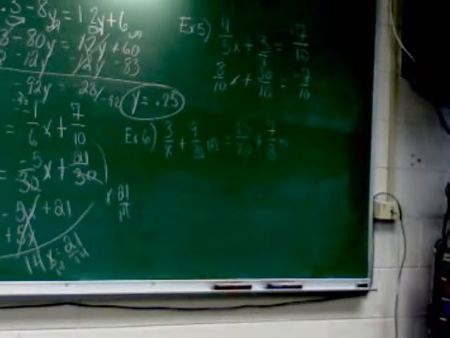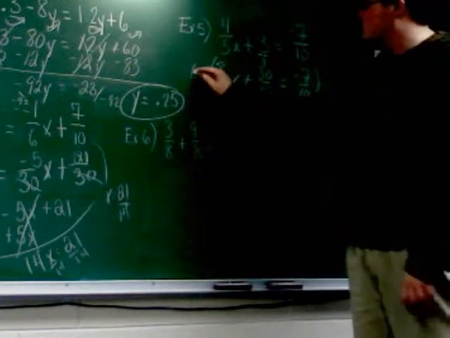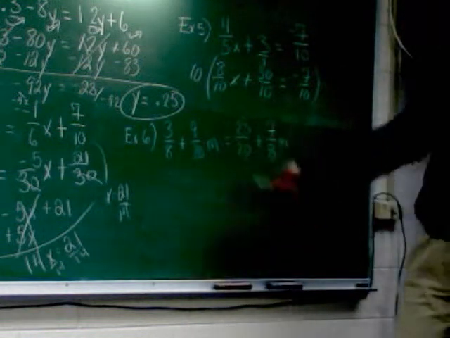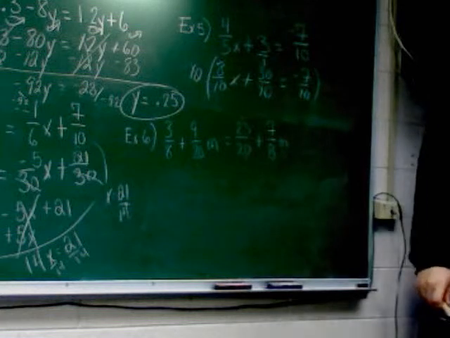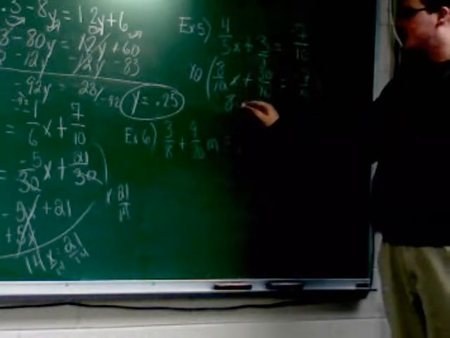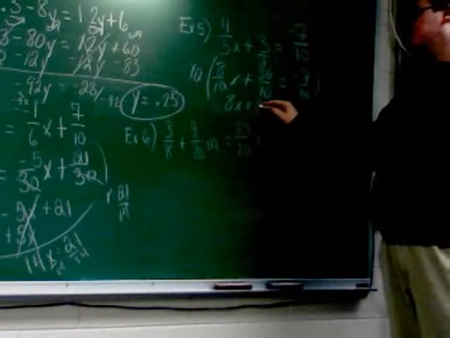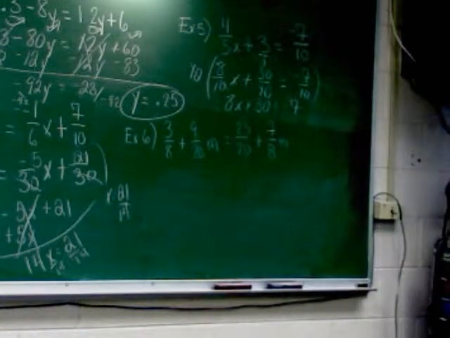Okay, remember, now multiply the whole thing by 10. That cancels out all the denominators. And we like that. So I have 8x plus 30 equals negative 7.